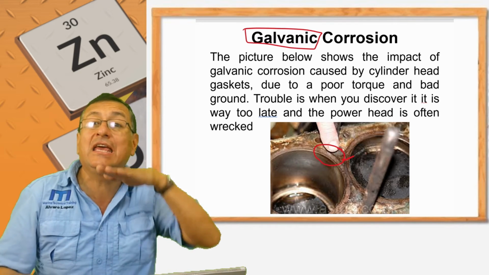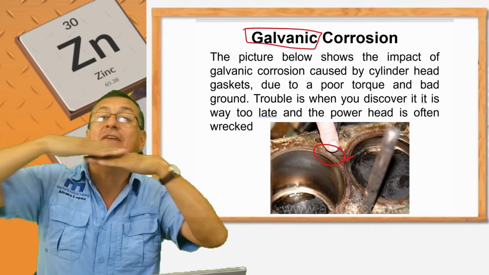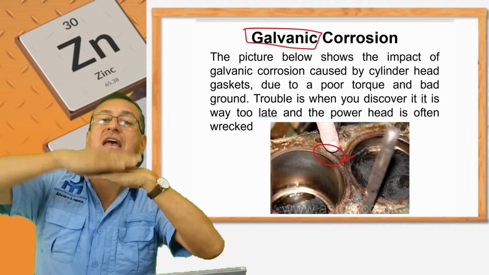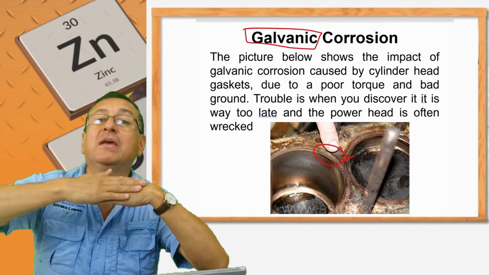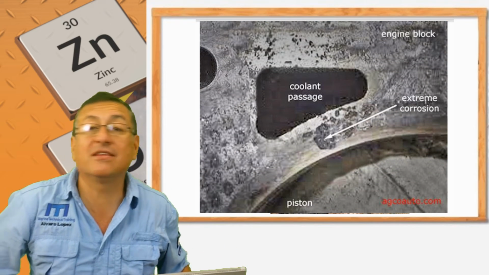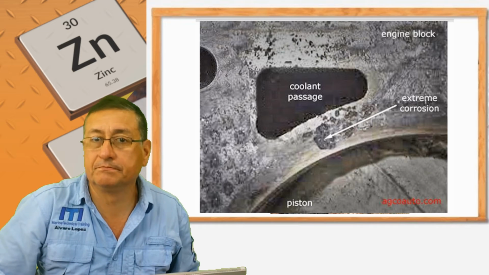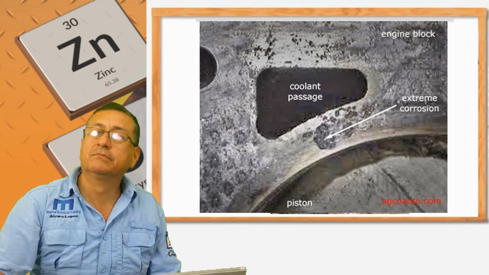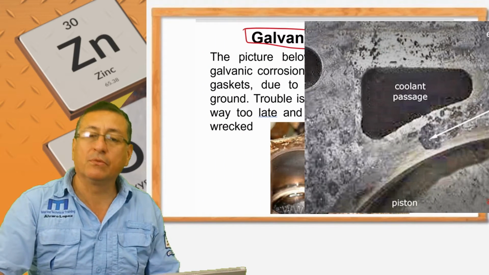And additionally, in the block and the head, you have the head gasket. If you have humidity in between both of them, what happened? You remember at the beginning? Crevice corrosion. This is a good example.